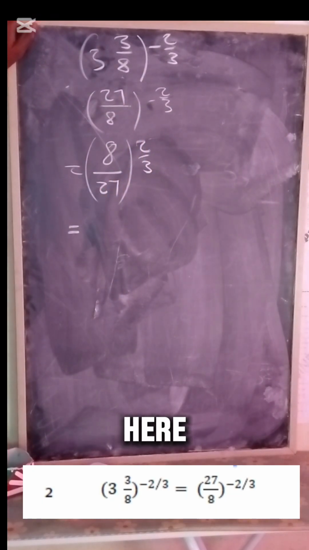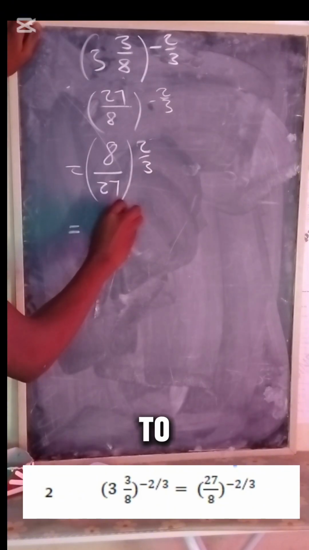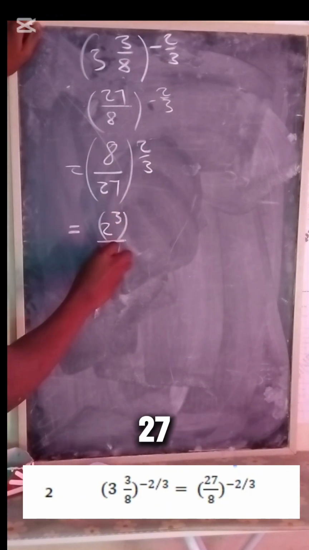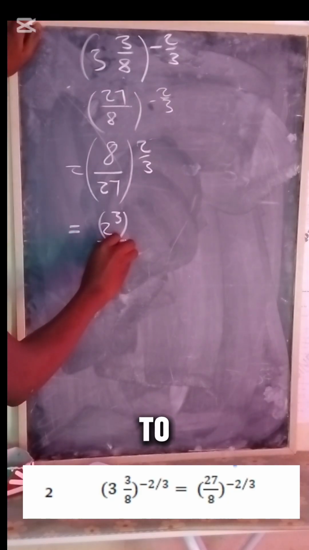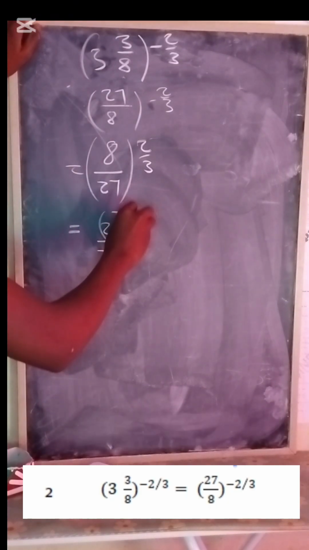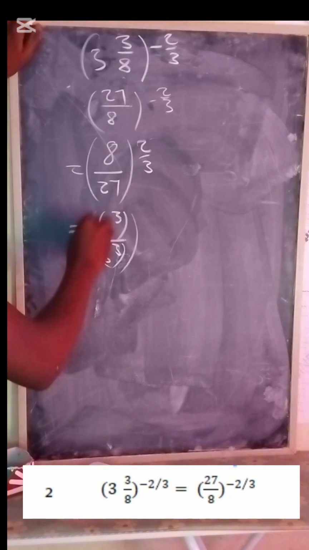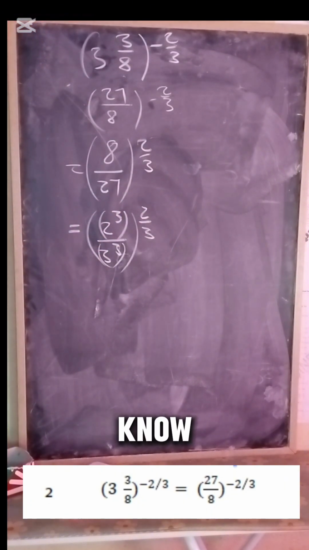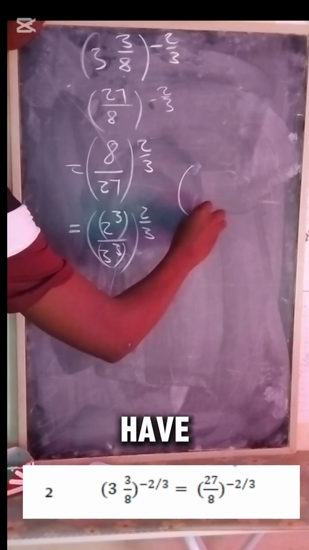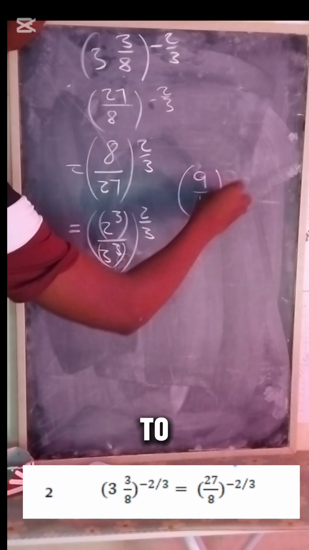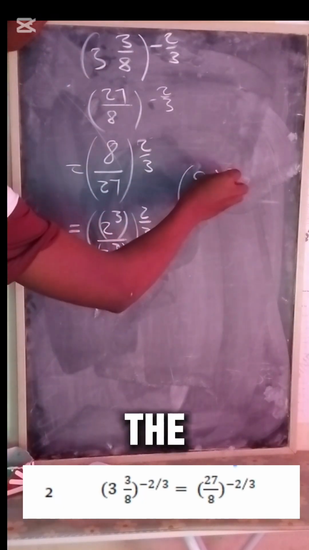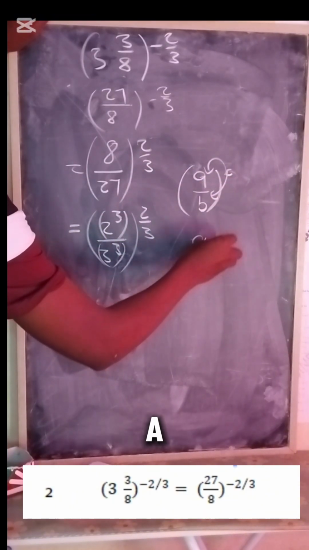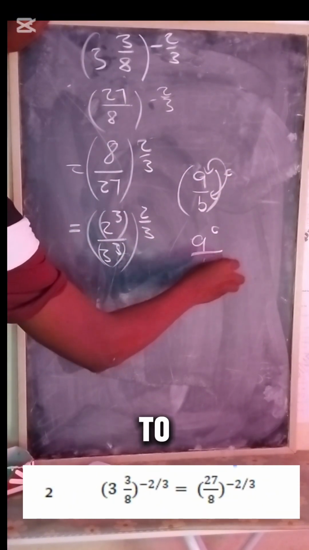And then from here, you know that 8 is 2 to the power of 3. Then you know that 27 is 3 to the exponent of 3, all to the power of 2 over 3. You know that when you have a over b to the exponent of c, the c is going to affect both, resulting in a to the power of c over b to the power of c.